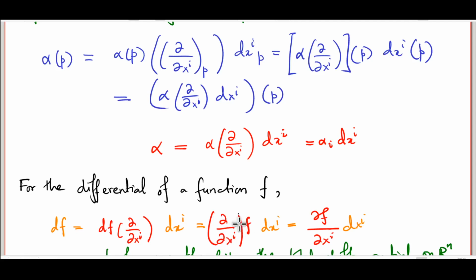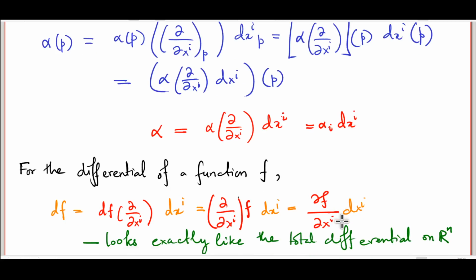So that's del xi acting on f. And del xi acting on f is what we abbreviate to this notation, del f del xi. Note that this formula should look exactly like the total differential on Rn.